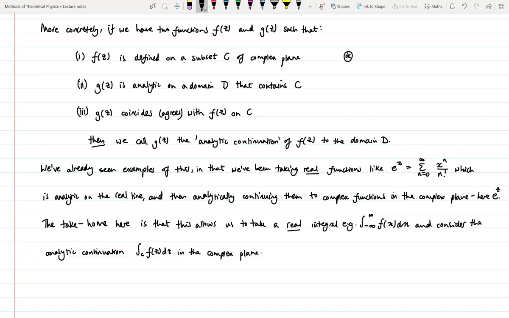And because we'll then be dealing with complex functions, we can use all of the tools that we've developed in the course so far to approach these contour integrals and relate it to the real integral. We can then use our new complex integration tools, for example, the residue theorem.